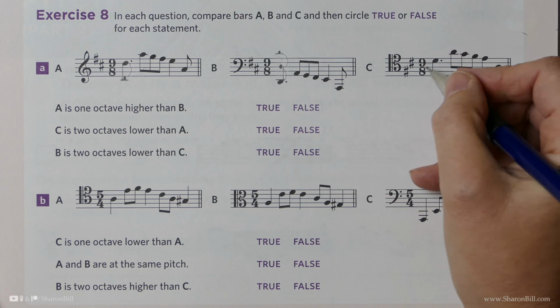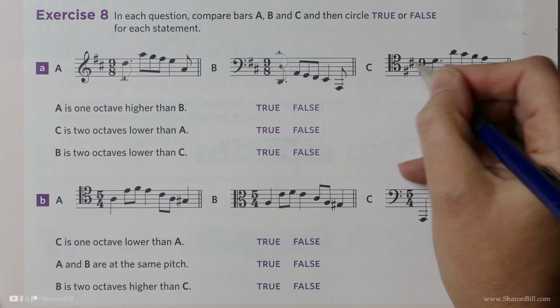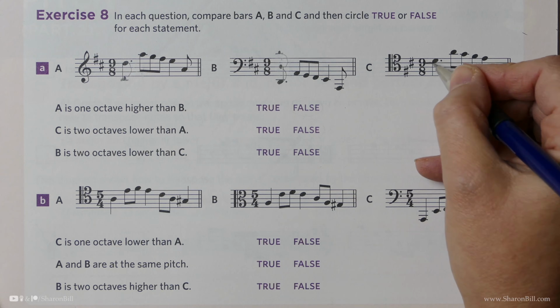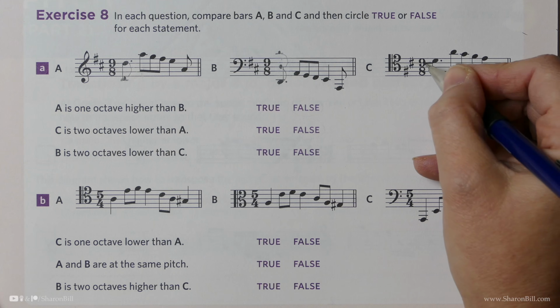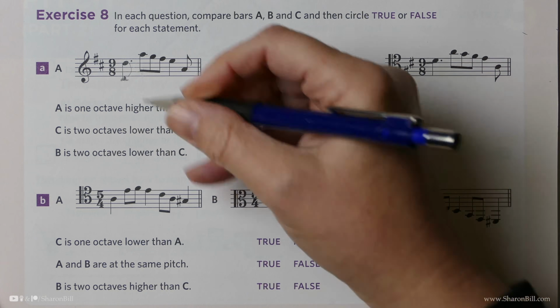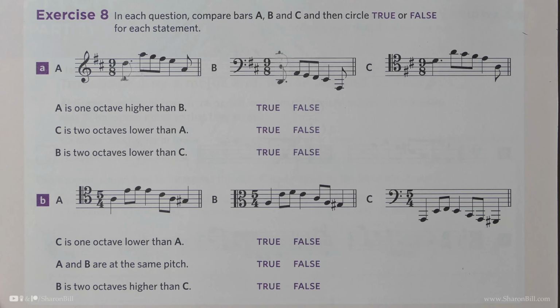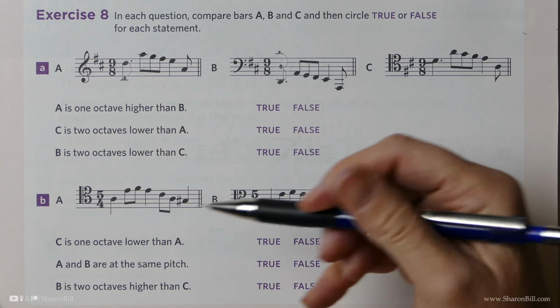And then in this one, this is middle C in the tenor, and we're on the D just next door, one up from middle C, which would be this one here. So now we're equipped to answer these questions.